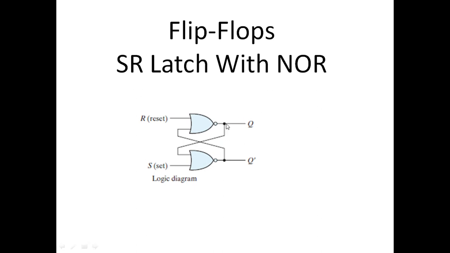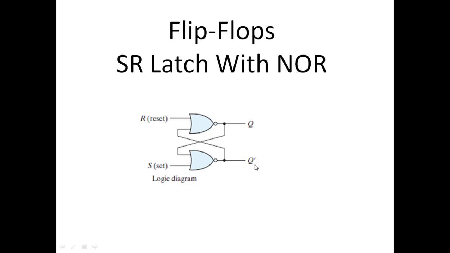They are very simple to understand. This output is given as an input to this NOR gate, and this output is given as an input to the first NOR gate. The output of one NOR gate is called Q and the output of the other NOR gate is called Q prime. So there are two inputs of this SR latch and two outputs. The inputs are reset and set, and the outputs are Q and Q prime.